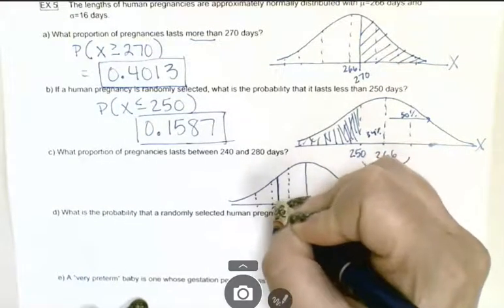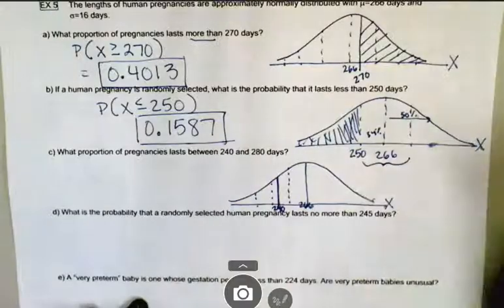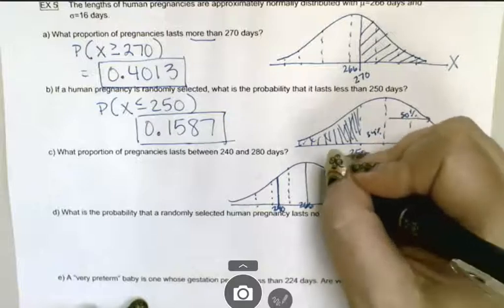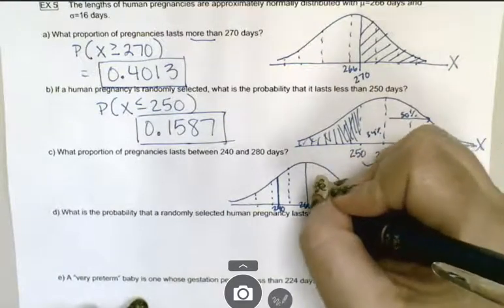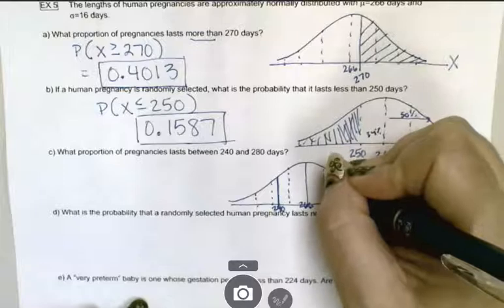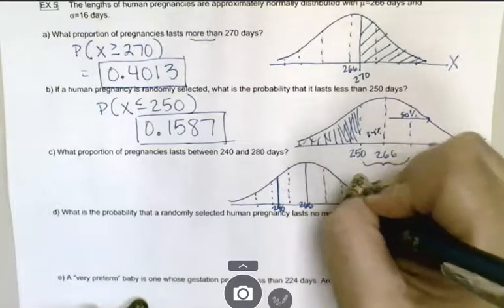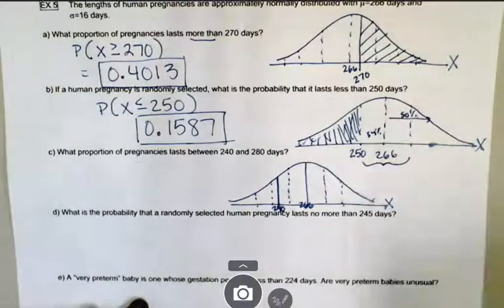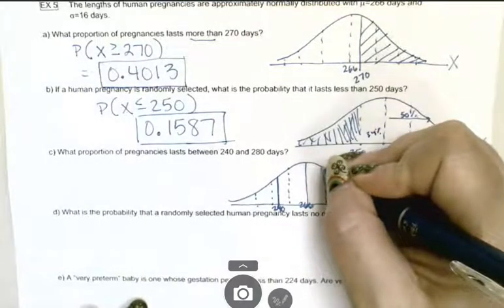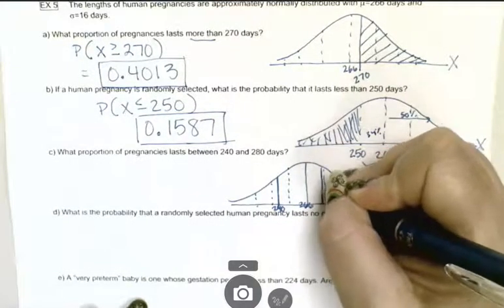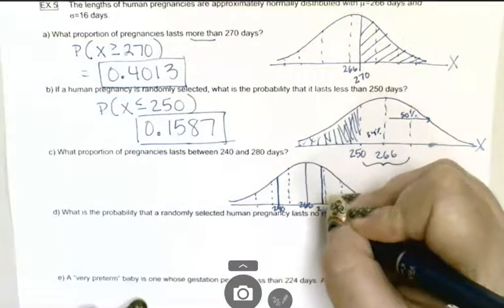So this is where approximately 240 would be. 280, if I do 1 standard deviation above by adding 16, that gives me 282. So it's going to be just below that first standard deviation. So 280.